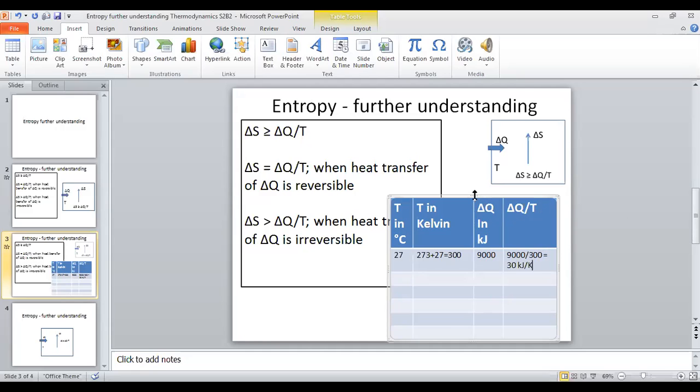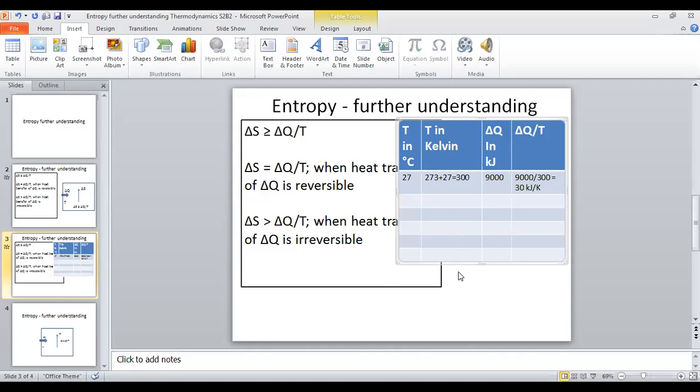This is the analysis we are doing now. The next one, I'm taking the same Q, 9,000.